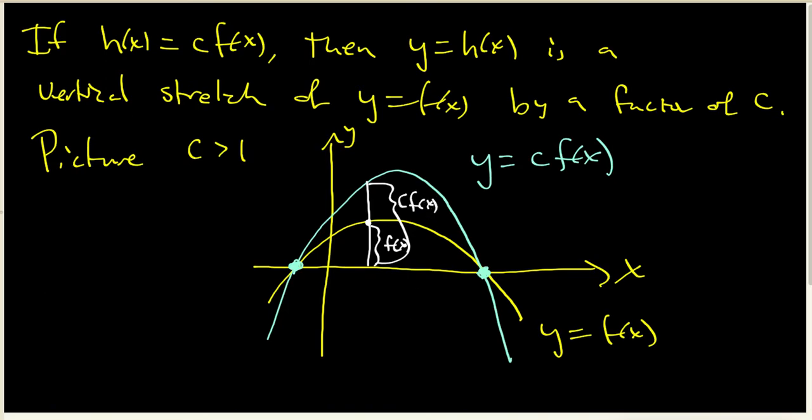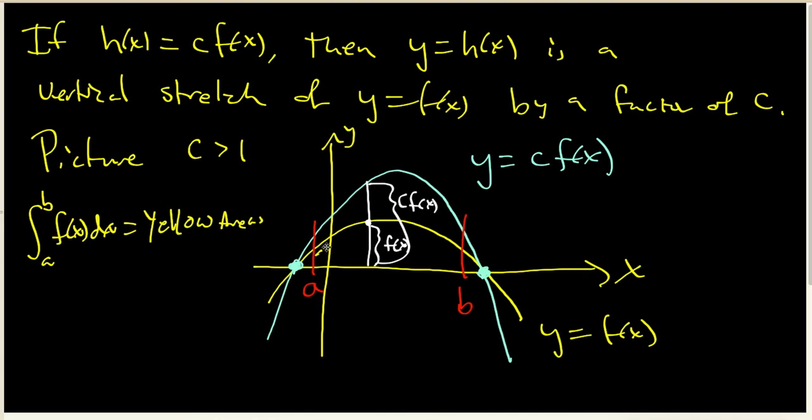Now, I want to get the definite integral stuff in there, so let's make this particular x value a and this particular one over here b. And so what I now want to do is talk about what the integral for h is and what the integral for f is. So let me go back to yellow. The integral between a and b of f of x dx is what I'm going to call a yellow area.